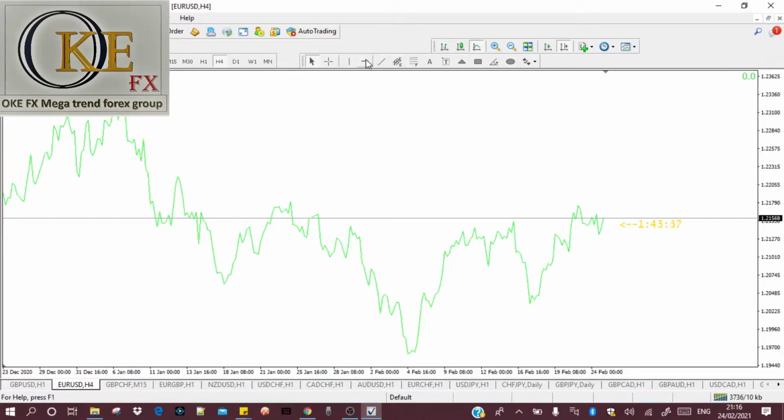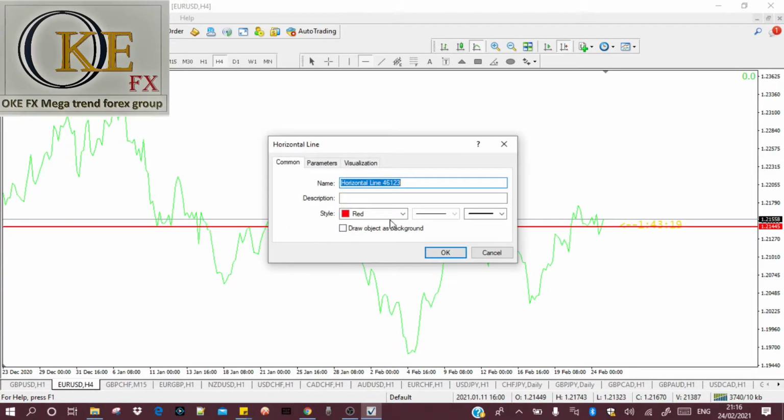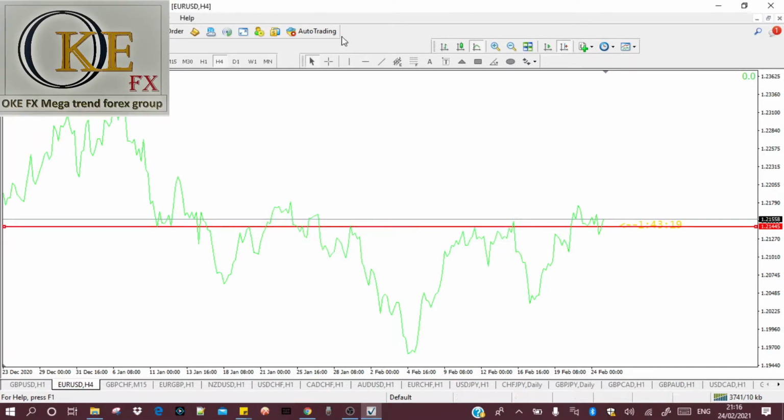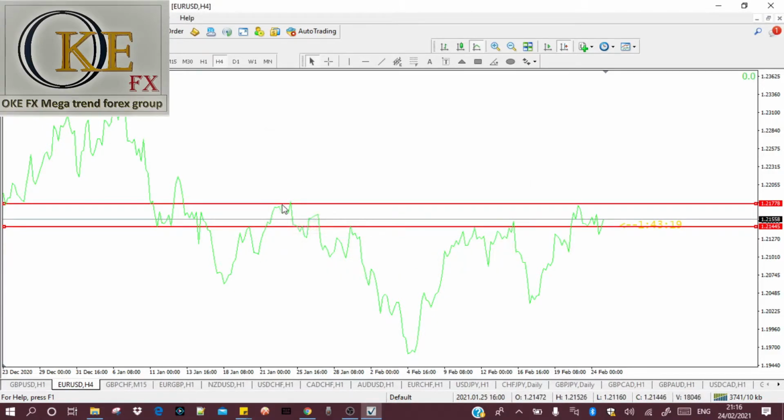It's easier for me to know that wherever I'm getting squeezes, somewhere that price is squeezing in and then making a kind of a flat top or bottom, that area should be a potential support and resistance area. You understand? So I can also decide to mark out here. Another way is you can pick the peaks.